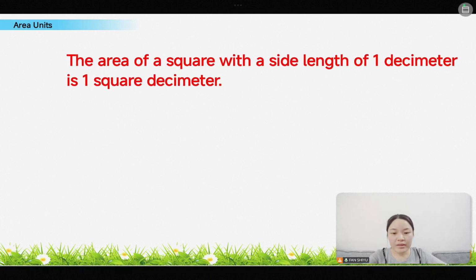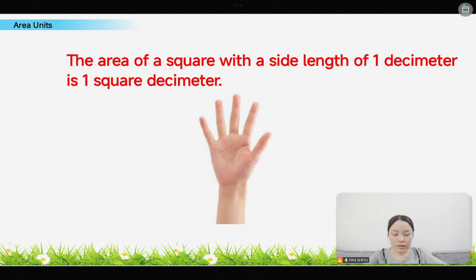Now use your hand to gesture the size of 1 square decimeter and find objects in daily life with an area of approximately 1 square decimeter. For example, the palm of your hand, one face of a chalk box.